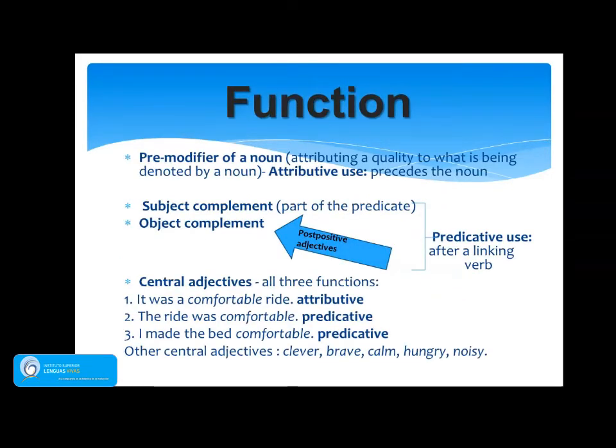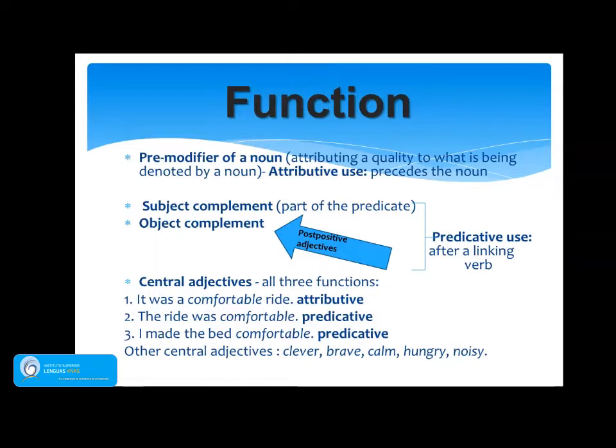As regards function, adjectives have functions. They either act as pre-modifiers of a noun, that is, they precede the noun they are modifying, and this is the reason why authors describe these adjectives as attributive adjectives, or they act as subject complement or object complement.